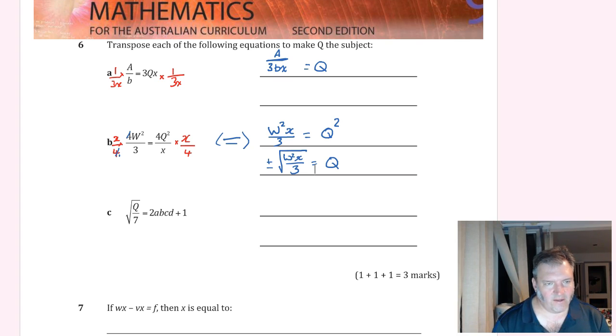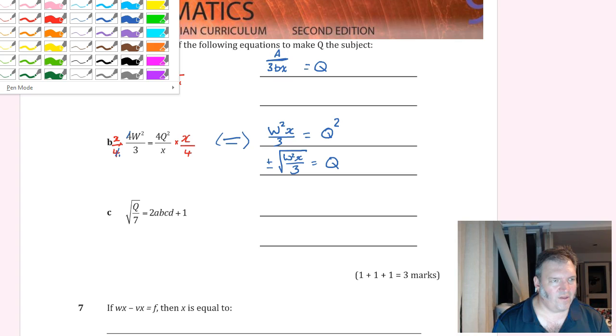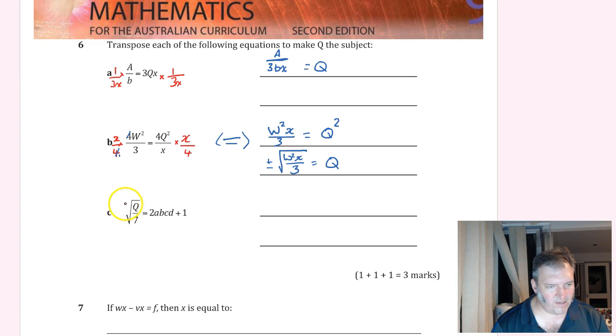Last one here. We need to undo what's happening to our Q again. I want to get Q on its own. This time it's being square rooted. I've got the square root of Q over 7. So to undo that, I need to square it, which means I've got to square the other side.